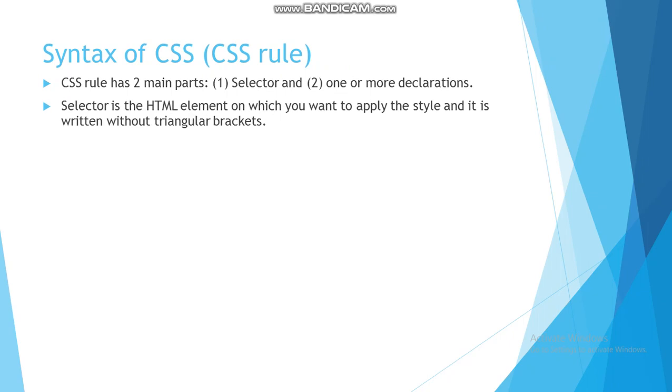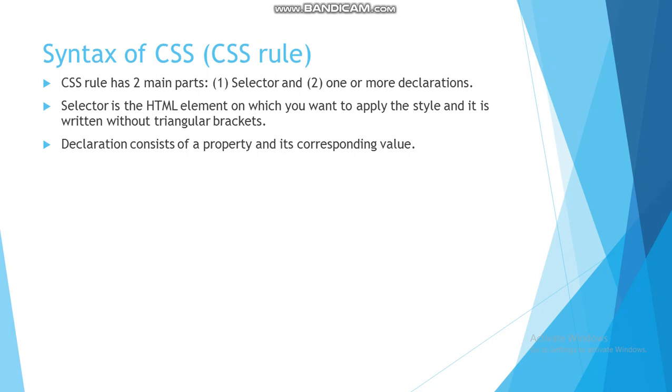Selector is the HTML element on which you want to apply the style, and it is written without triangular brackets. Now in HTML, if you want to use any tag or element, then we have to apply triangular brackets. But here, if you are using HTML element as selector, then no need to write triangular brackets.